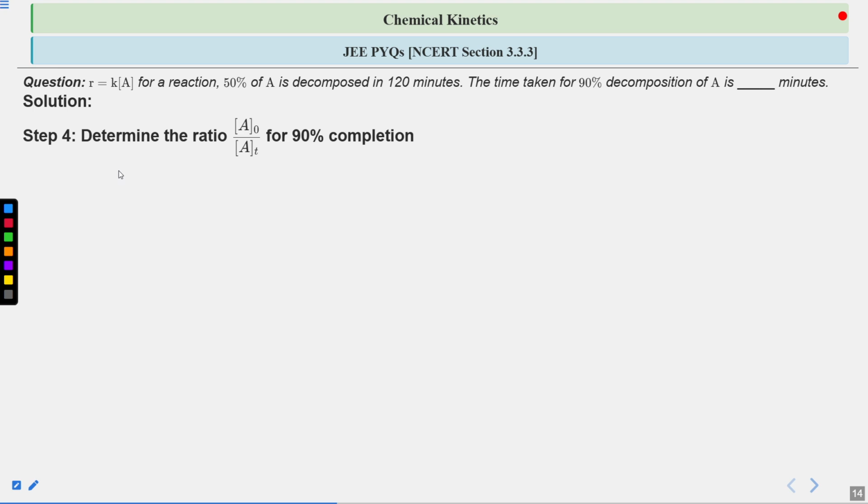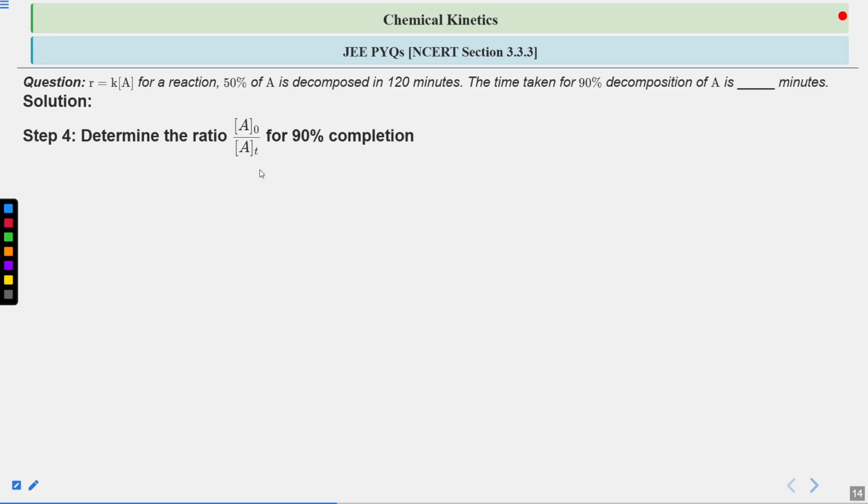Step 4 is to determine the ratio, that is A naught by AT, for 90% completion. 90% completion means 90% of the reaction has already been done, and 10% remains. So you have to determine this ratio to apply in the integrated rate law for a first order reaction.